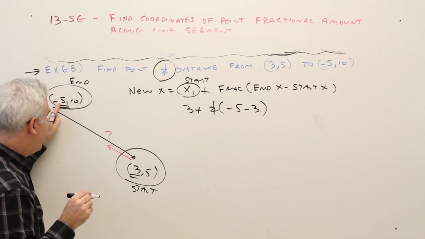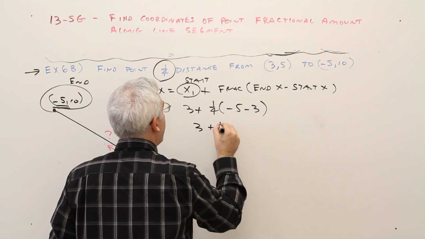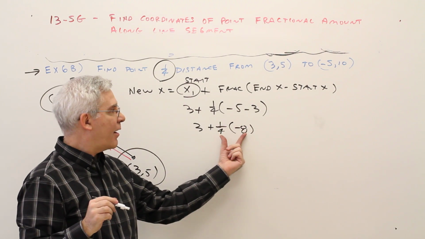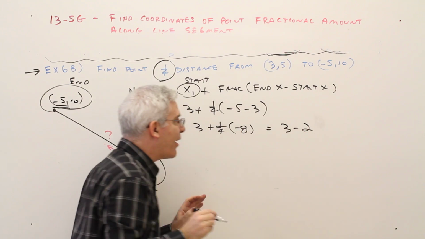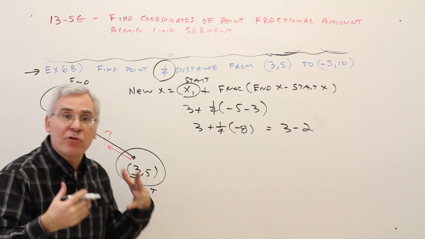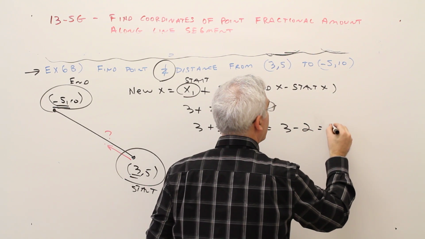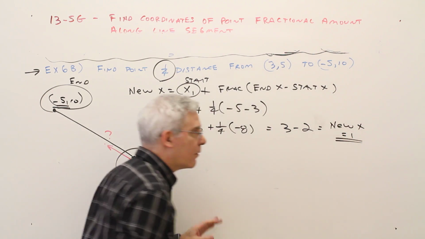So I've got -5 minus 3. So that's going to be 3 plus 1/4 times -8. -8 over 4 is -2. So notice I've got a subtraction here. Again, that end minus start took care of that for me. So 3 minus 2 equals 1. So my new x equals 1.